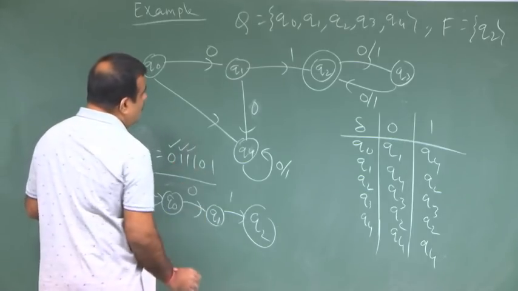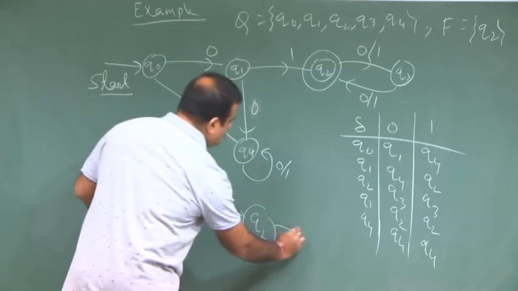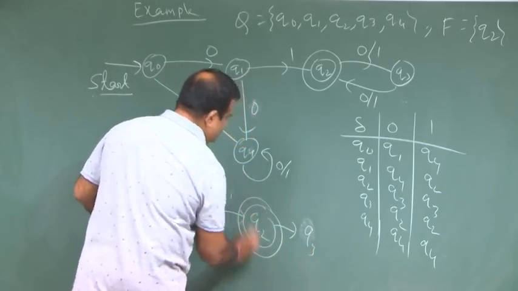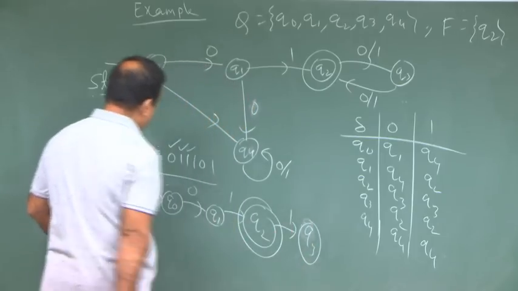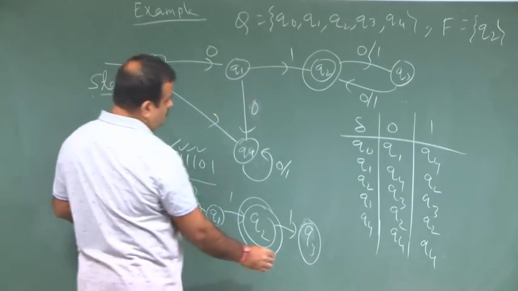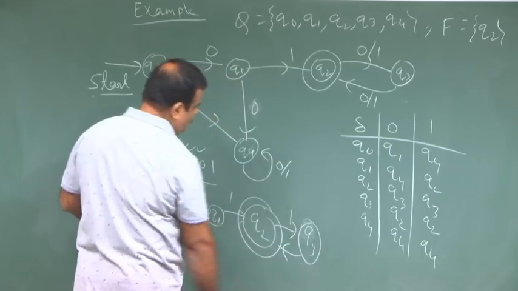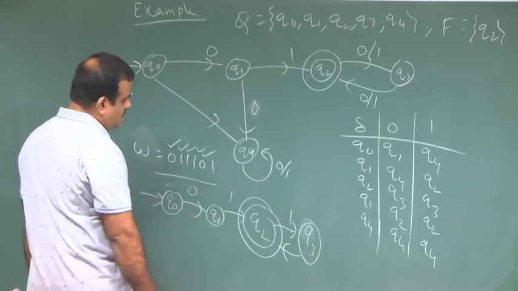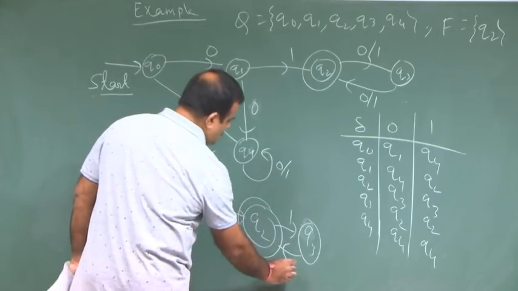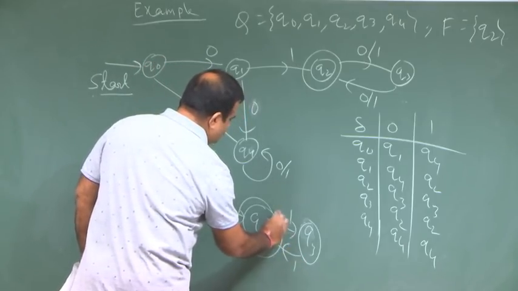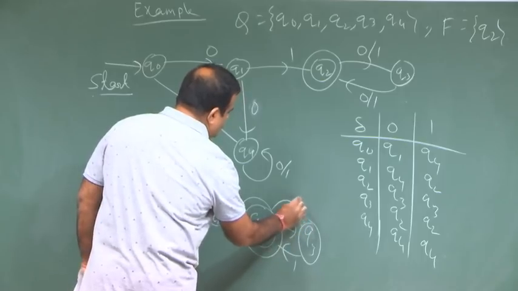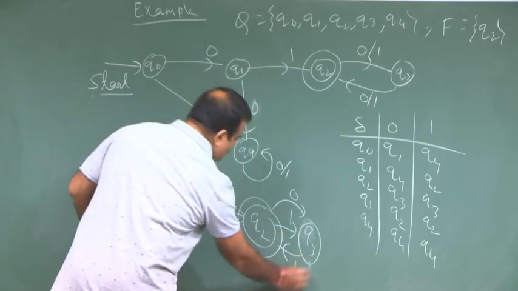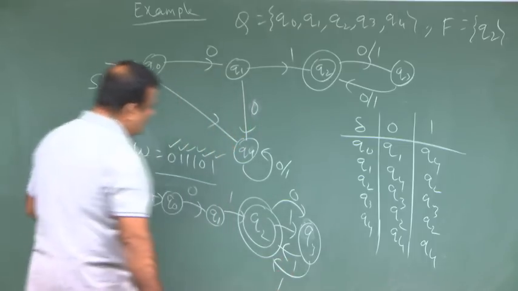Then we see a 1, we go to q3. Again we see a 1, we come back to q2. We see a 0, we go to q3, and we see a 1, again we go to q2.